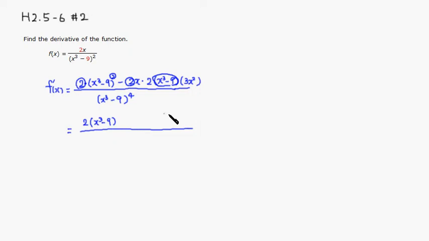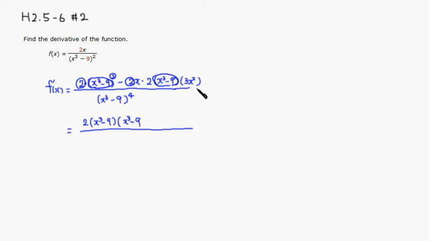Then we just have to collect the leftover terms. From the first term you would have x cubed minus 9, so that will take care of the remaining terms.